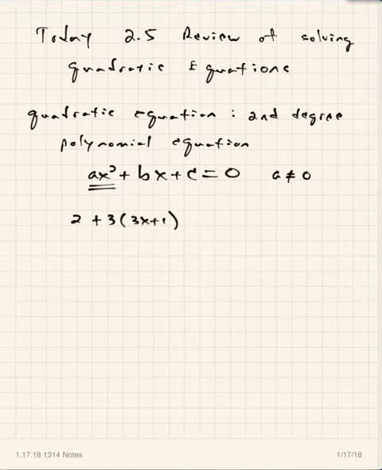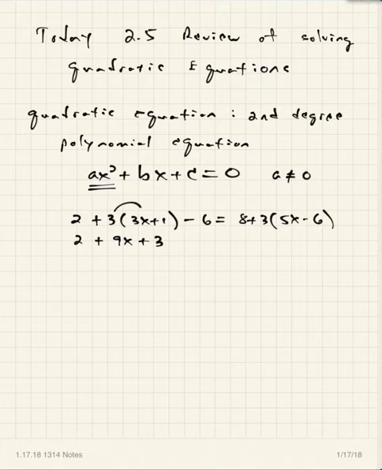For example, this equation right here, which looks kind of nasty: 2 plus 3 times (3x plus 1) minus 6 equals 8 plus 3 times (5x minus 6). This is a linear equation. This is not quadratic, because when you get rid of all the multiplications, using the distributive property to get rid of the parentheses, you'll see.